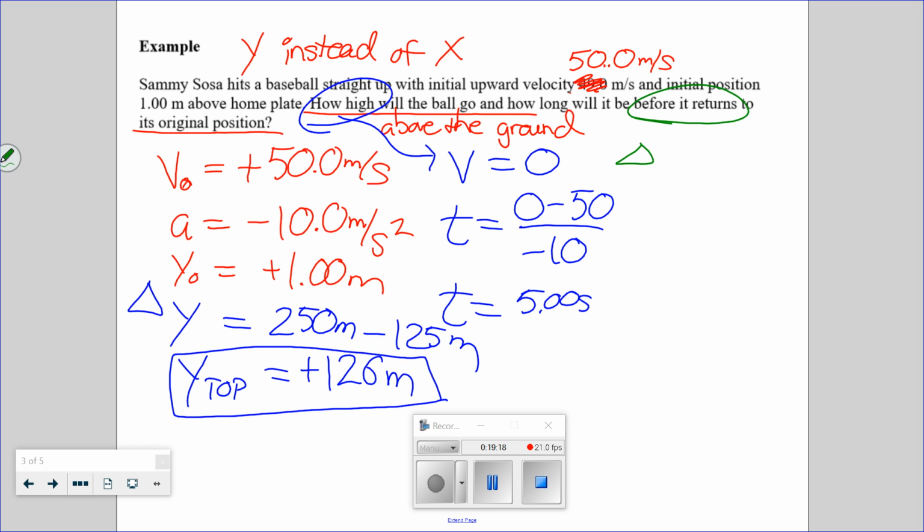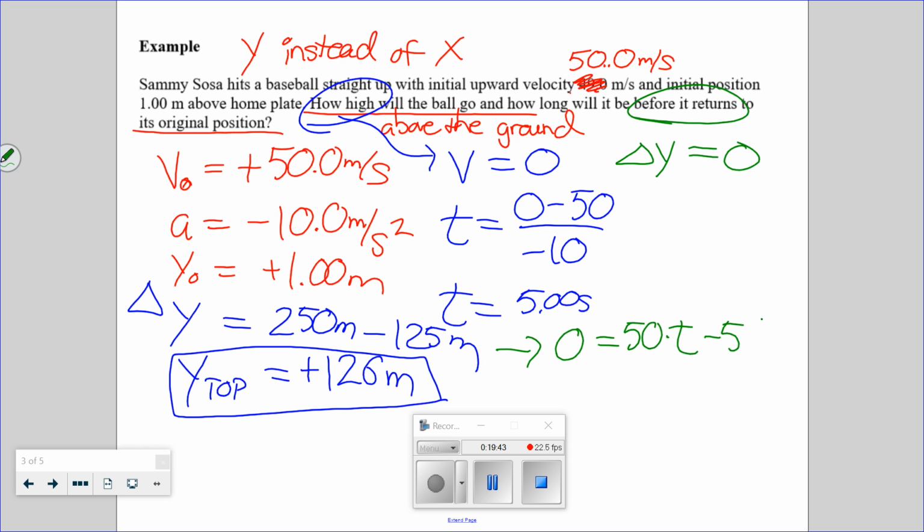Okay? So you can actually use that same equation. Delta y equals v0t plus 1 half at squared. And you say 0 equals 50 times t minus 5 t squared, minus 1 half acceleration times the time squared.